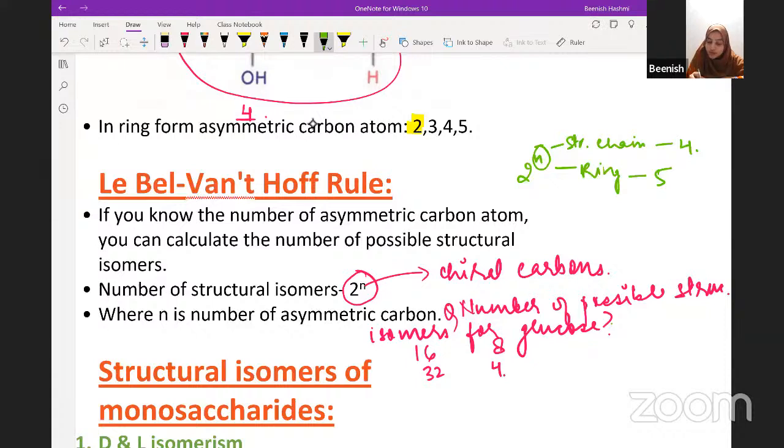And you can see in the options, if you multiply 2 four times, 2 to the 4, you end up with 16. Now, if you multiply 2 five times, you end up with 32. So in case of ring structure, you have 32 possible isomers. And in case of straight chain, you have 16 possible isomers.